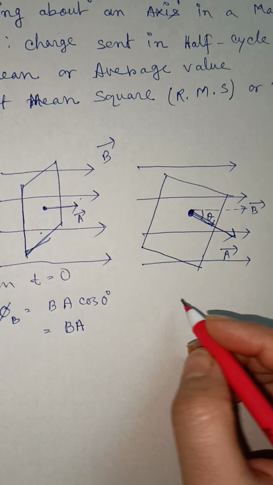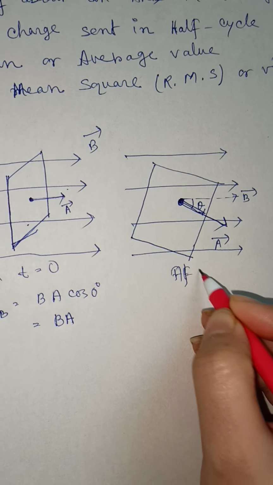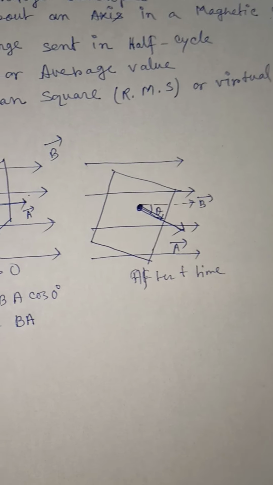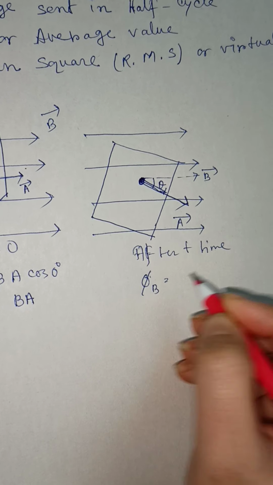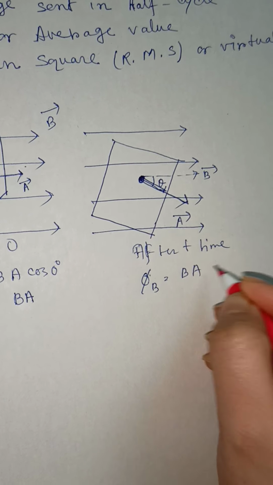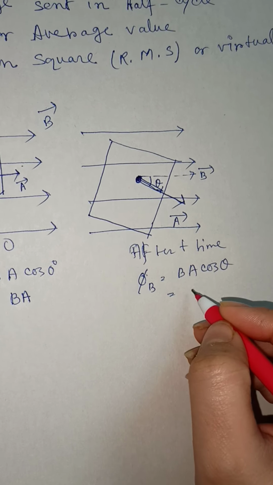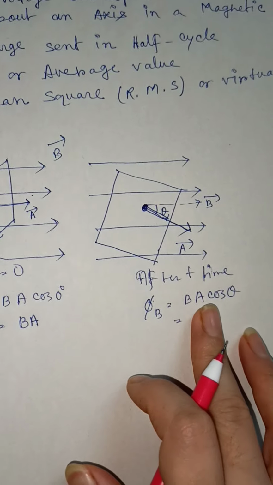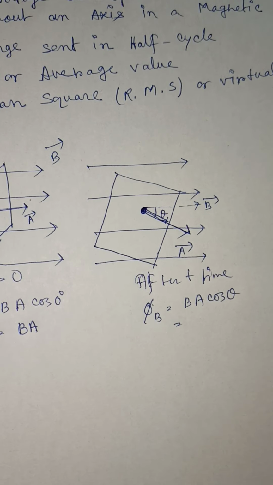After t time, this is the final position of this loop, and the flux linked with this loop equals BA cos theta. Right, so this is the flux linked with this loop after time t.